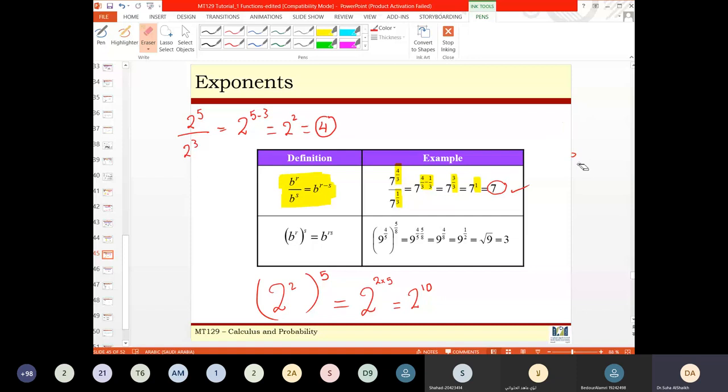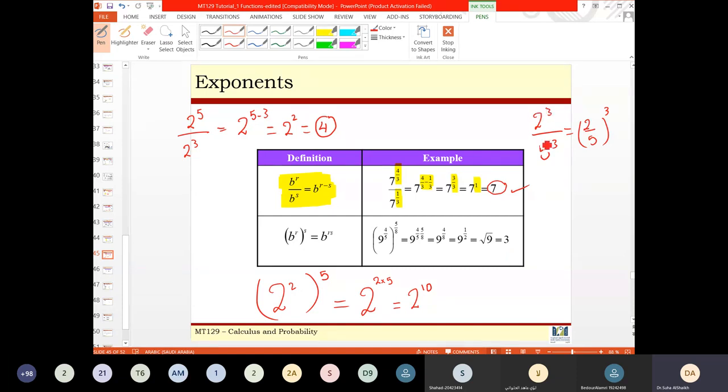Now it could happen that you have something like this: 2 to the power 3 divided by 5 to the power 3. The base is different but the power is the same. I can write this as 2 over 5, all to the power 3. We can do this and we will see this is one of the rules that we have. We can distribute the power over division and we can distribute it as well over multiplication.